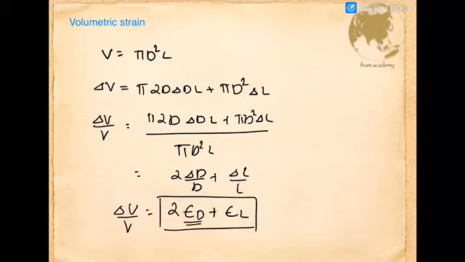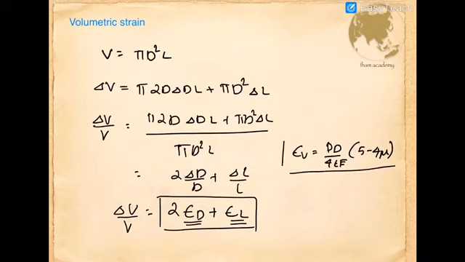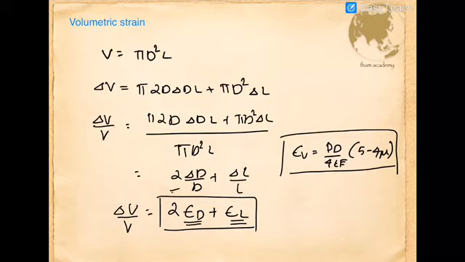So we know the expression for corresponding circumferential strain and the longitudinal strain. If we substitute the value, it is not necessary to learn this equation by heart, just understand the concept. So total volumetric strain will be double the circumferential strain plus longitudinal strain.